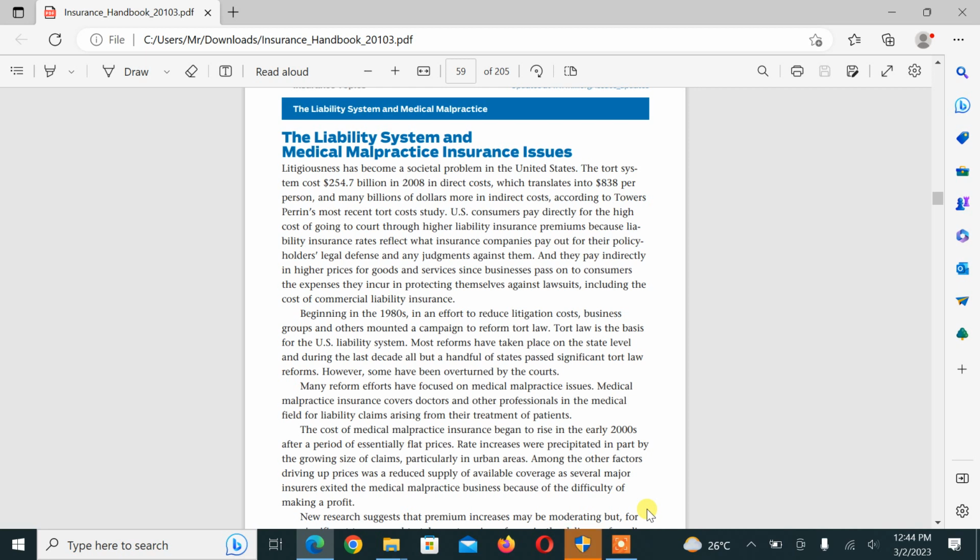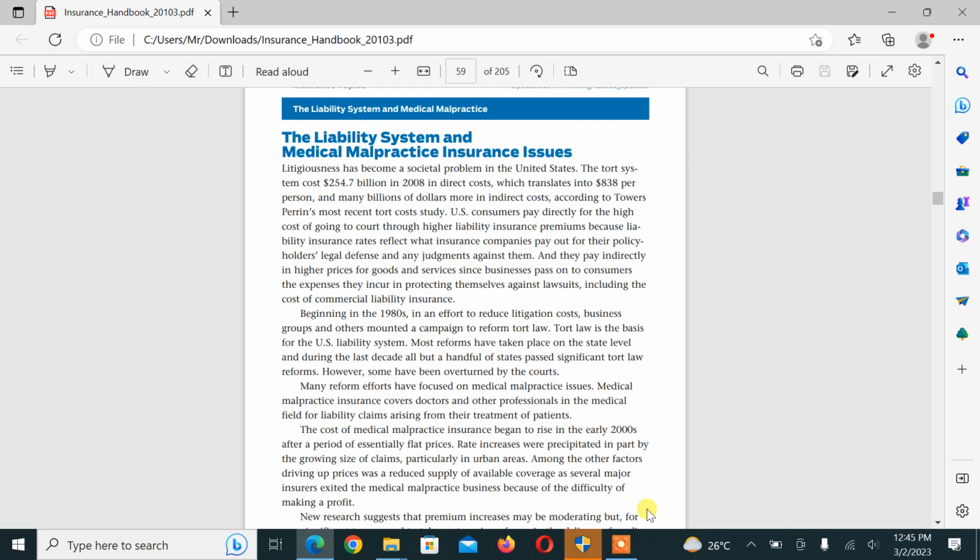They also pay indirectly in higher prices for goods and services, since businesses pass on to consumers the expense they incur in protecting themselves against lawsuits, including the cost of commercial liability insurance.